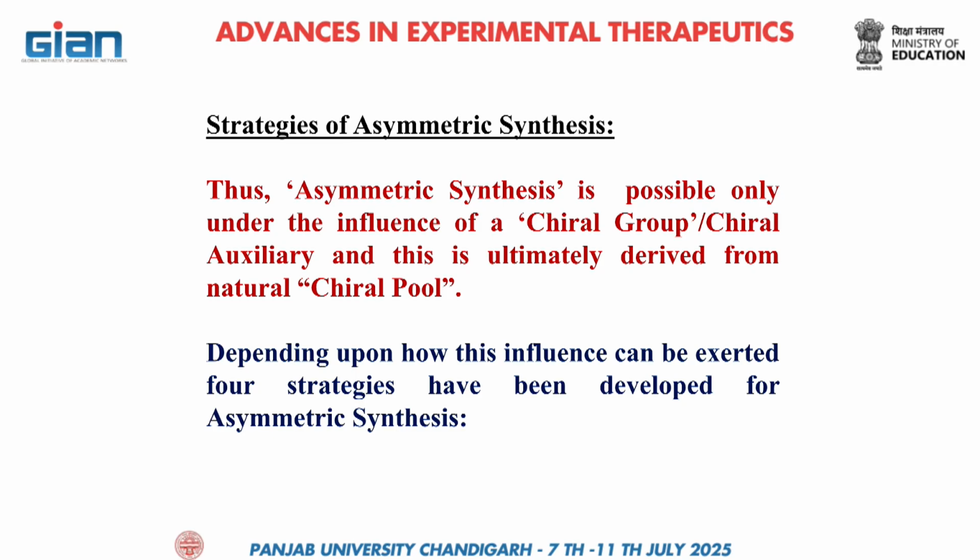Asymmetric synthesis is possible only under the influence of a chiral group or chiral auxiliary. They may be derived from the chiral pool, that is okay, but if you have to carry out asymmetric synthesis, a chiral unit is required, because if there is no chiral unit, then it is 2 dimensional. In my first slide I showed that chirality is 3 dimensional, an arrangement in a 3 dimensional plane.